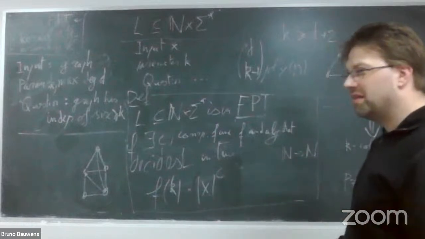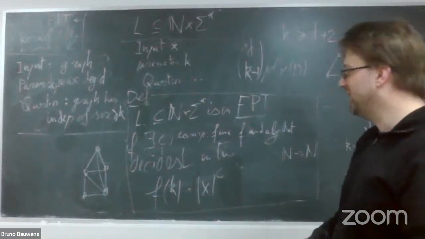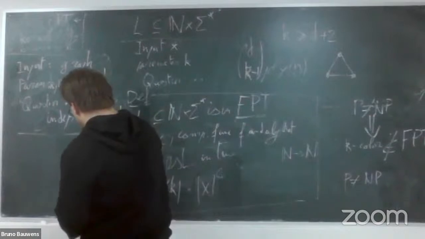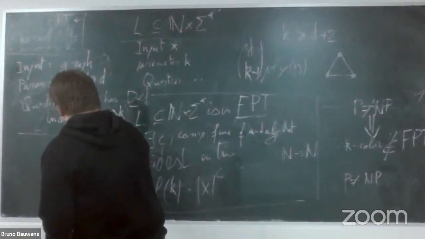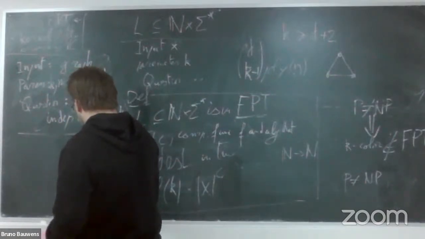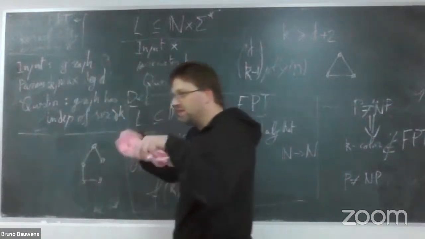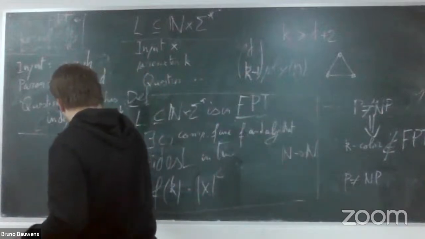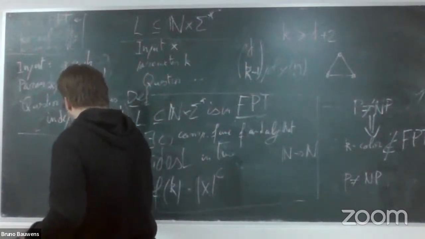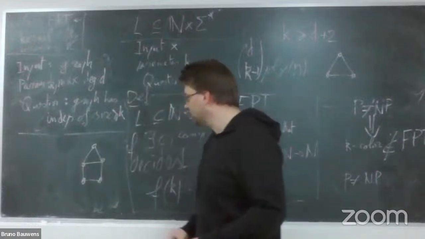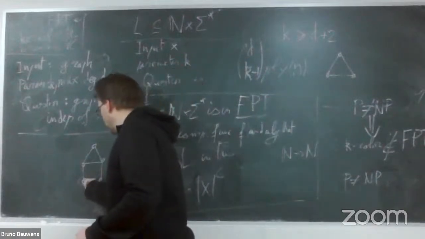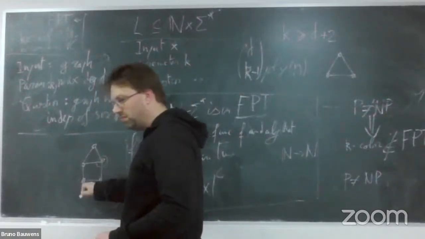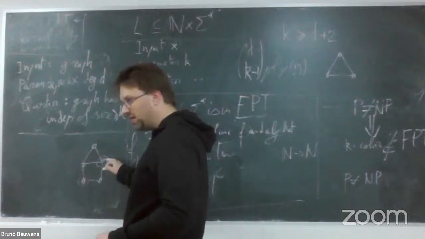Could you please remind us what an independent set is? Yeah. So here's the graph again. It's a set of nodes for which any pair in the set is disconnected. For example, this graph has an independent set of size 2, because these two nodes are disconnected.